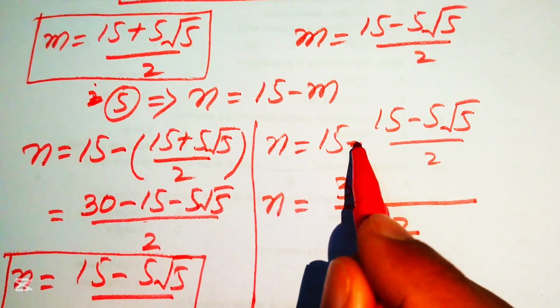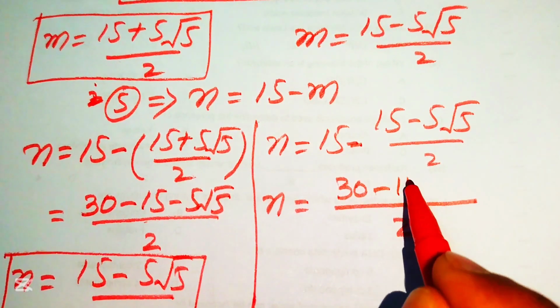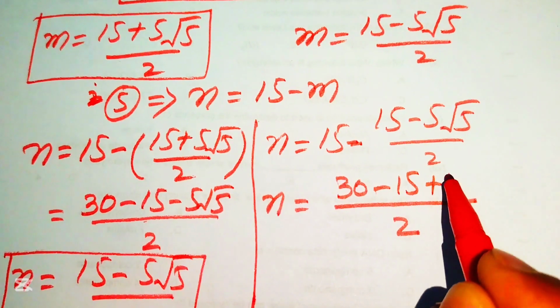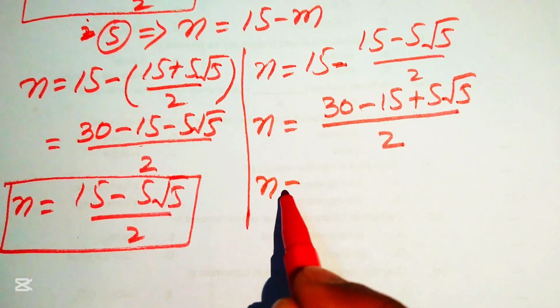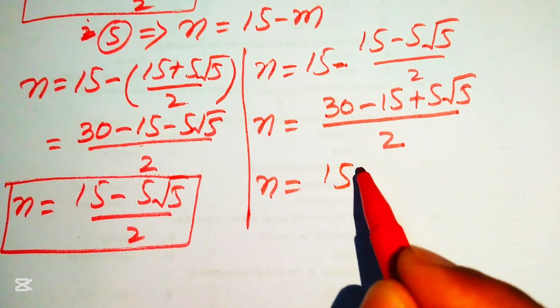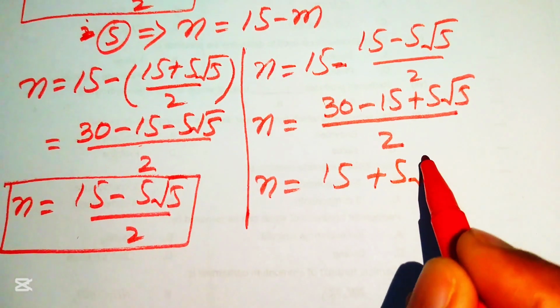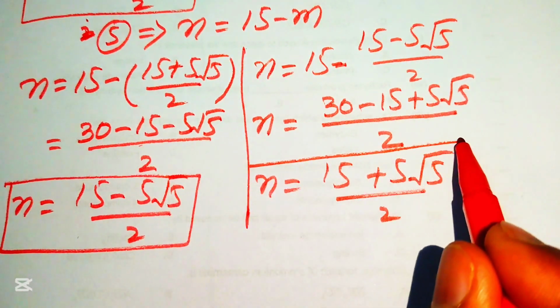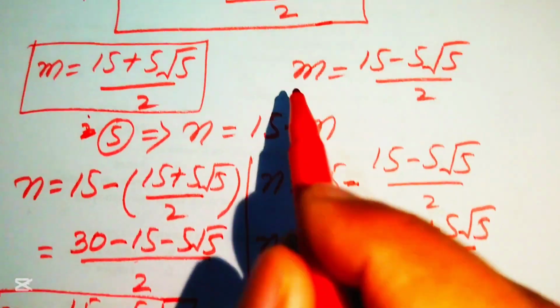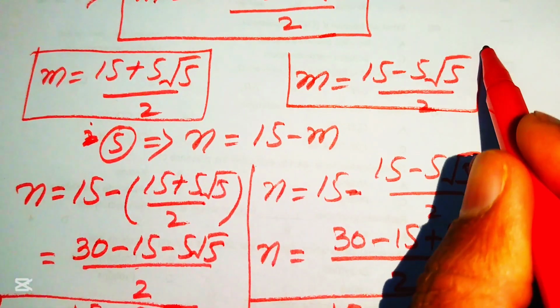We need to multiply this minus sign on both of these terms. It becomes minus 15 plus 5 times square root of 5. Okay, so we have n equals 30 minus 15, which is 15 plus 5 times square root of 5, divided by 2. So this is the value of n corresponding to this value of m.